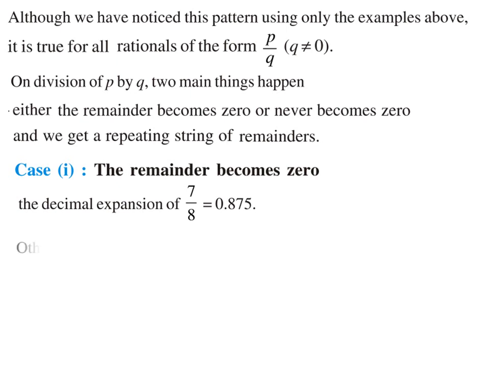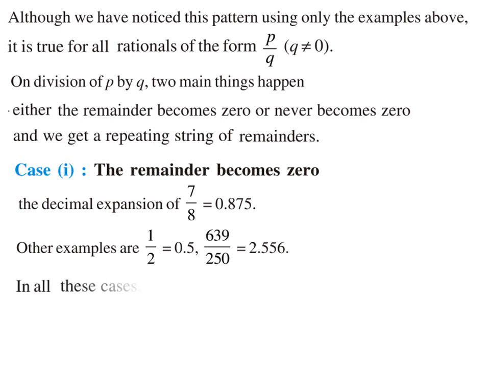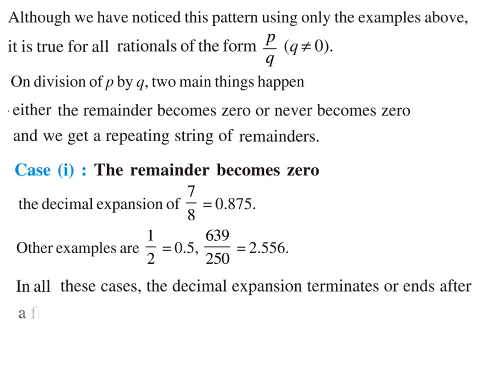You can take two more examples. 1 by 2 can be written as 0.5, or 639 divided by 250 can be written as 2.556. What have you seen in all these cases? The decimal expansion terminates or ends after a finite number of steps.